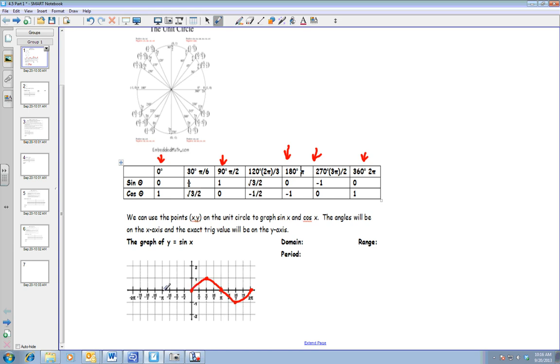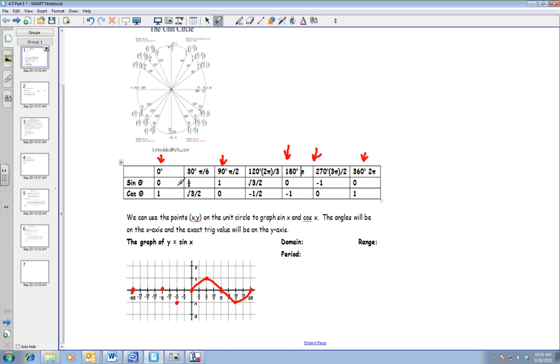I know that the sine of negative pi, so negative pi on my unit circle would be right here. So the sine of negative pi is 0. The sine of negative 2 pi is 0. The sine of negative pi over 2, so negative pi over 2 is this point right here. The sine of that is negative 1. And then let's do one more point, which is negative 3 pi over 2.